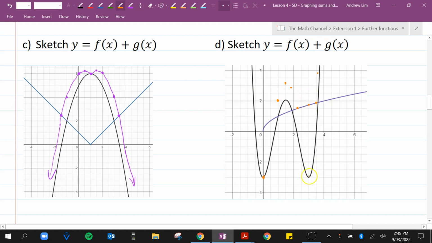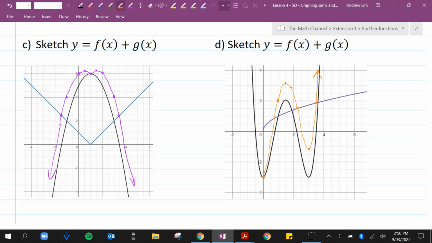So when we add them, I'll just add 1.75, so 1.75 is going to be down here somewhere. Alright, so it looks like it's going to look something like this. Okay.